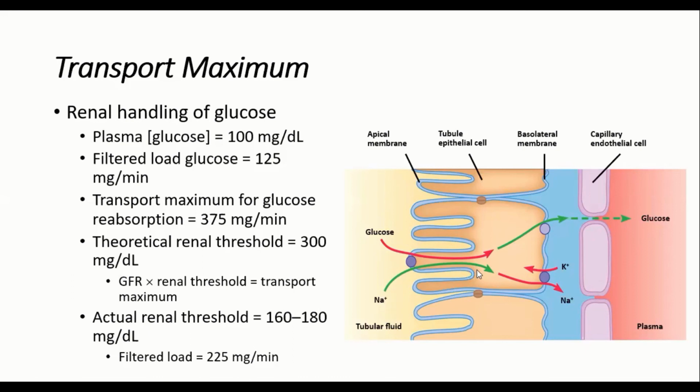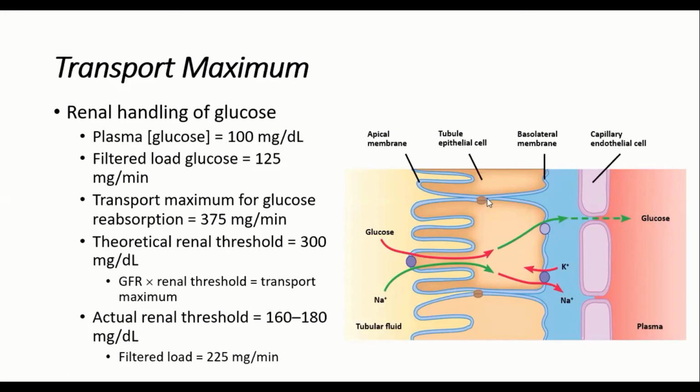So we have secondary active transport transporting the glucose into our tubule epithelial cell. Sorry, I think I referred to the glucose concentration wrong. We do have a high concentration in the cell because we're actively pumping it in. Once we have this high concentration in the epithelial cell, it's able to diffuse into this space and eventually into our capillaries down its gradient using a carrier protein.